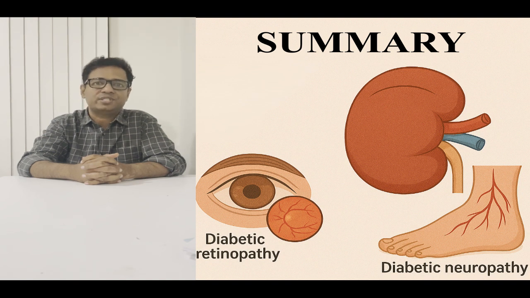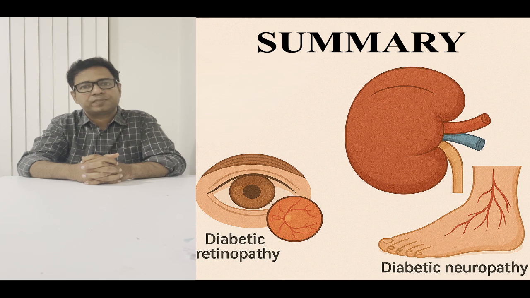We have to stay active, and we have to do regular blood checks and eye checks at least annually, and daily foot care. If you detect anything, you have to get help from your healthcare worker.